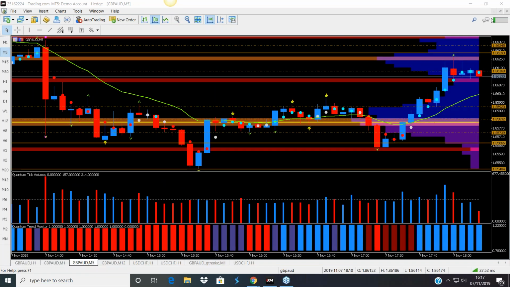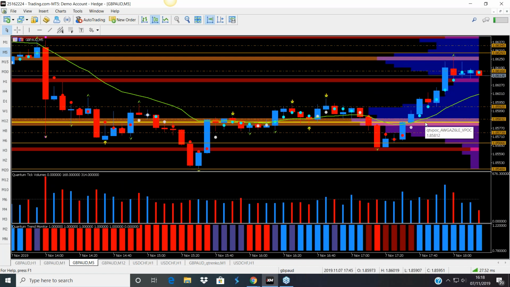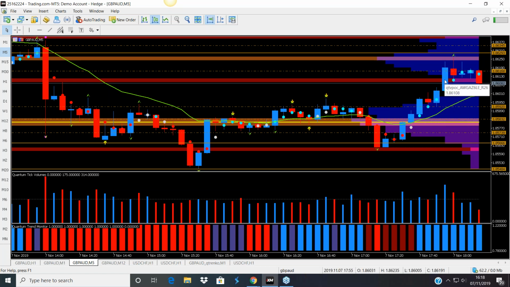Back. And just keeping an eye on what's been happening on the pound Aussie. It has managed to lift off the volume point of control at this point in the 85.80 area, but we've had a quite wide up bar there with a reasonable amount of volume underneath it, and then it's gone into a bit of a congestion phase here.